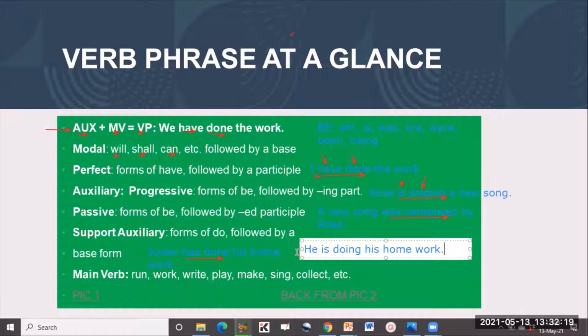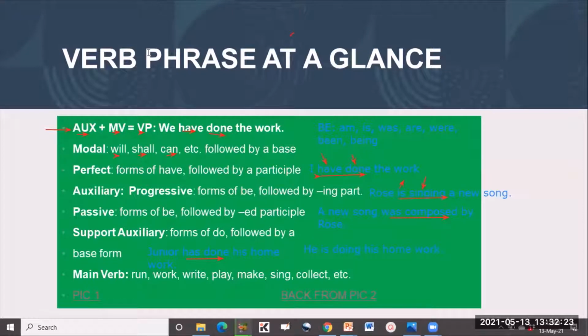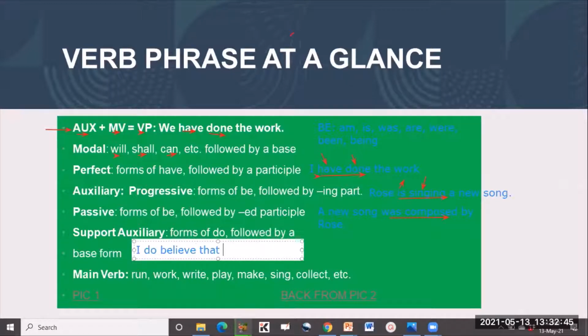Well, it is also possible that we use the support auxiliary in a different way. Now, let me give you an example. I do believe that God is real.